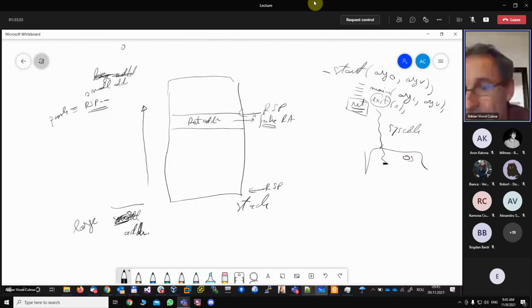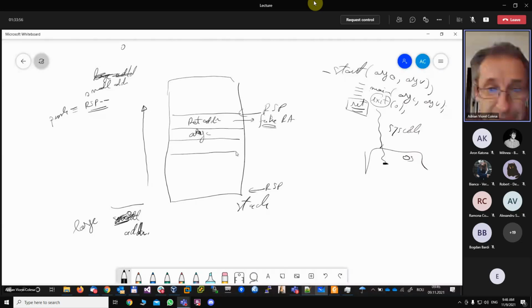So when the start function starts execution, the stack should have on top of it the return address, such as if that function was called. Then here we should have argc, which is a number, in our example 4, and an argv, which should be a pointer pointing somewhere in the process memory. Where?